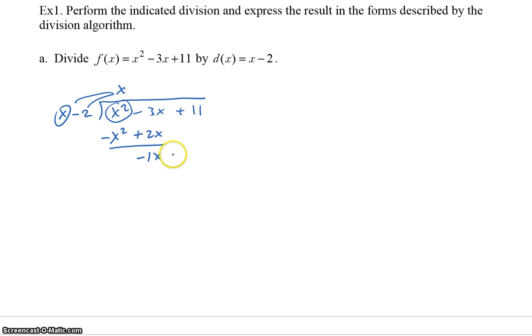And then just as with whole numbers, we would bring the next digit down. Here we bring the next term down, 11. Then we ask, what should we multiply x by now to get minus 1x? That would have to be minus 1. You put that in the quotient. Then you multiply negative 1 by both the x and the minus 2. Minus 1 times x is minus 1x.